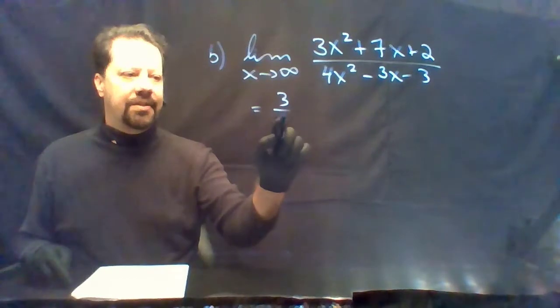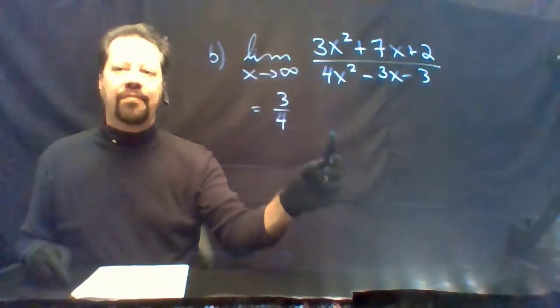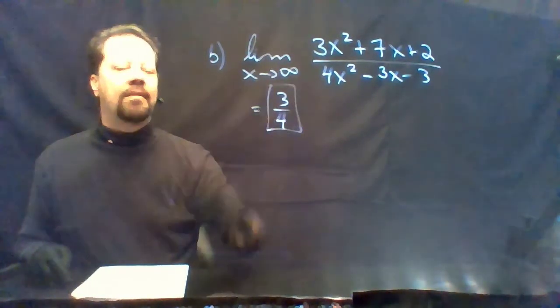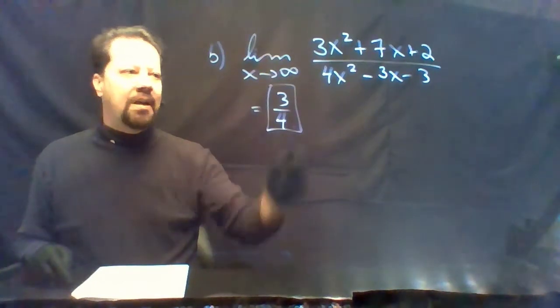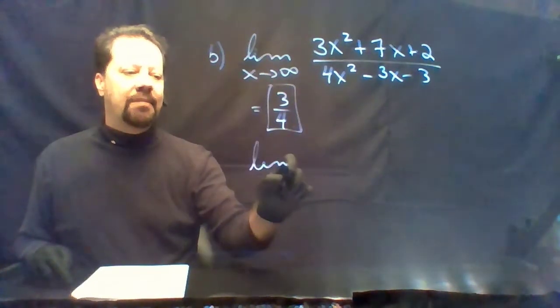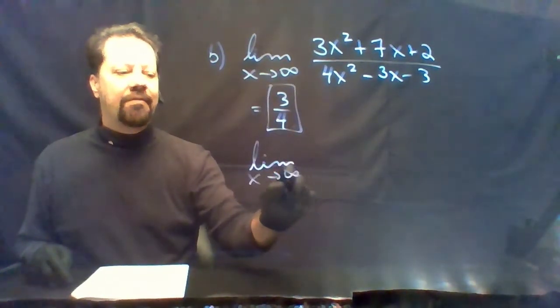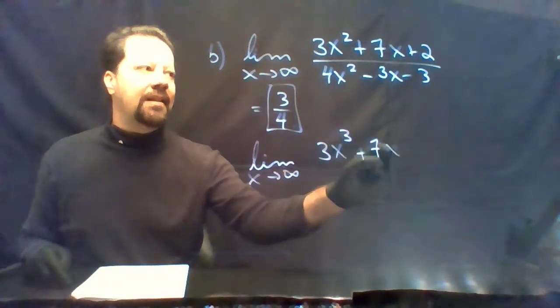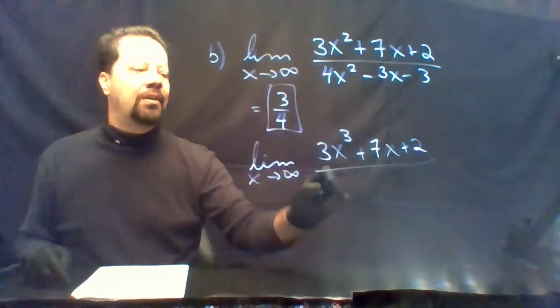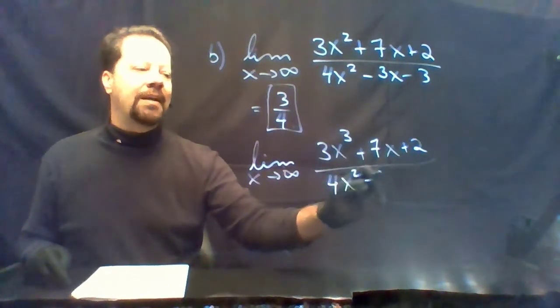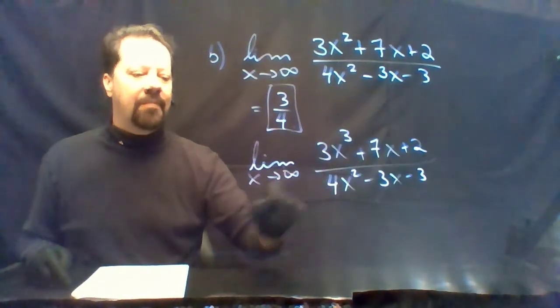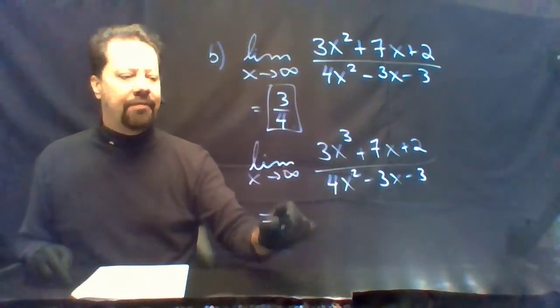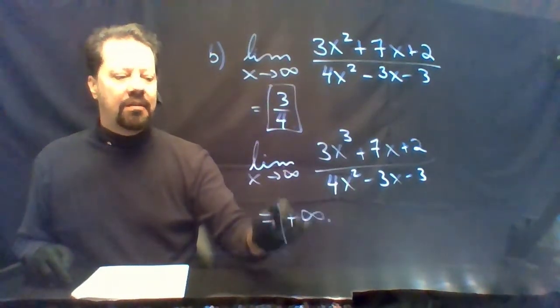Since the degrees are the same, you get 3/4. If we altered this a little bit and wrote the limit as x goes to infinity of 3x cubed plus 7x plus 2 over 4x squared minus 3x minus 3, I'd also be disappointed if you didn't just write plus infinity.